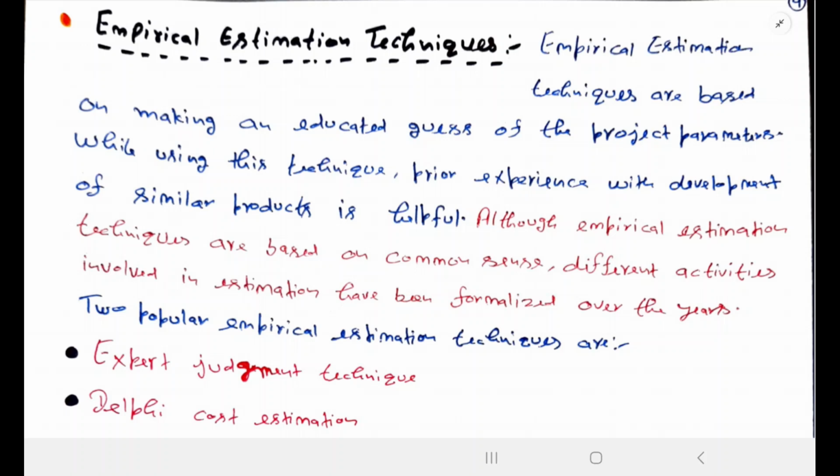Empirical estimation techniques are based on making an educated guess. As we have discussed here, an expert or an experienced person will guess about the project parameters, and this guess will be based on his or her experience or related to the past data as well. Although empirical estimation techniques are based on common sense, different activities involved in estimation have been formalized over the years.